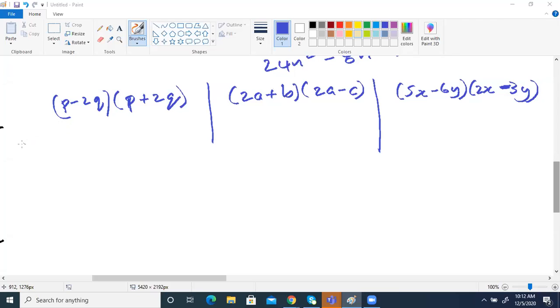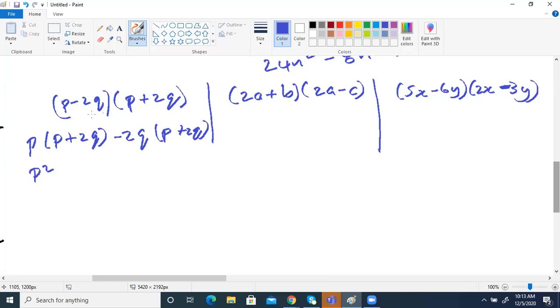Let's see. So p times the second bracket and minus q times the second bracket. So this becomes p squared.